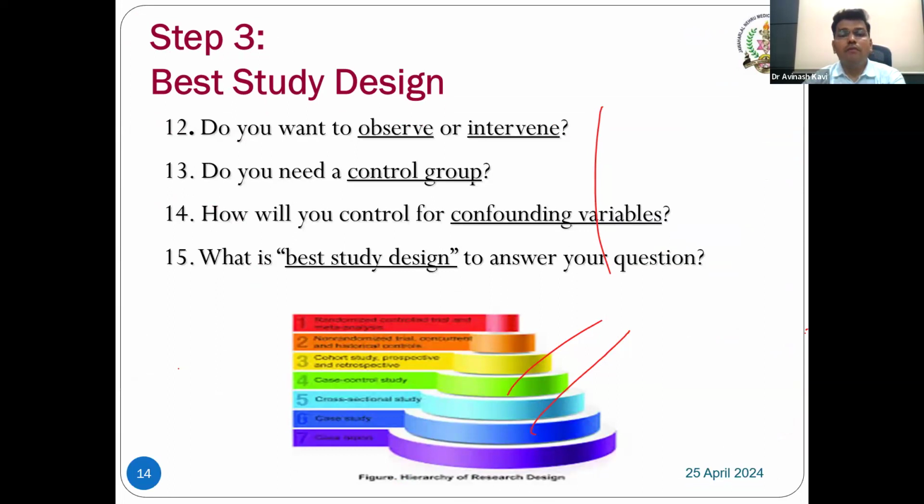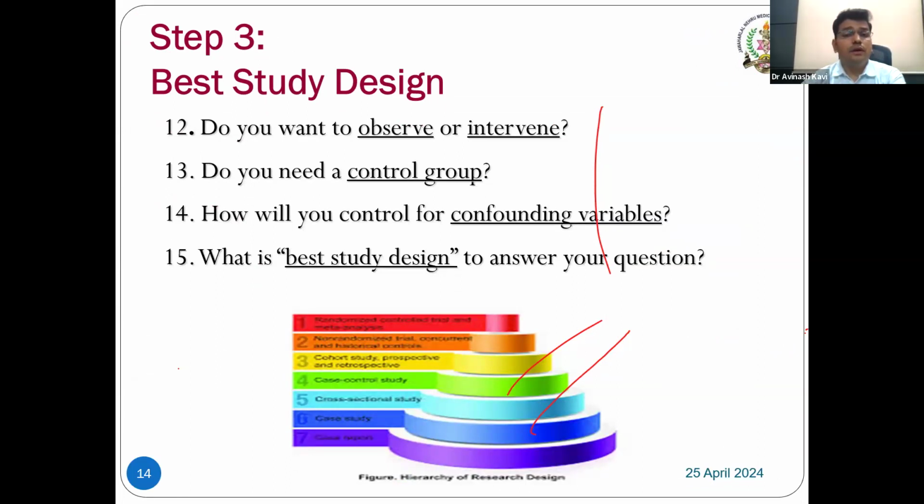One is, are we observing things and not intervening at any time, or are we doing any intervention to change the course of the outcome? That is the first question that will decide which type of study design we are in.